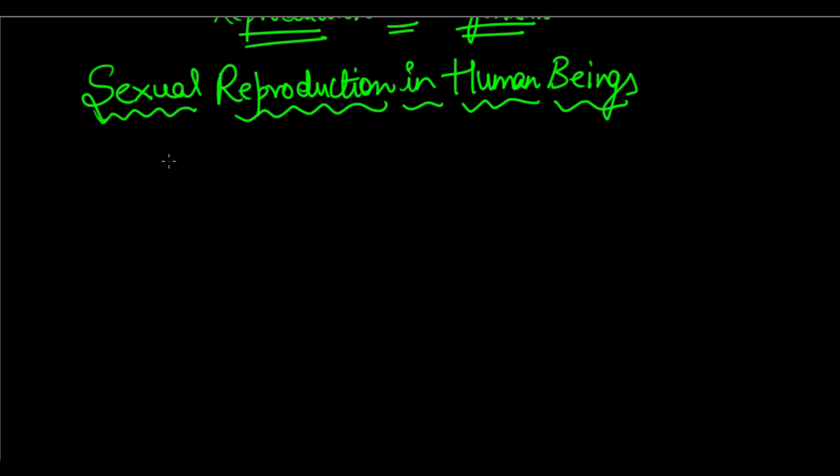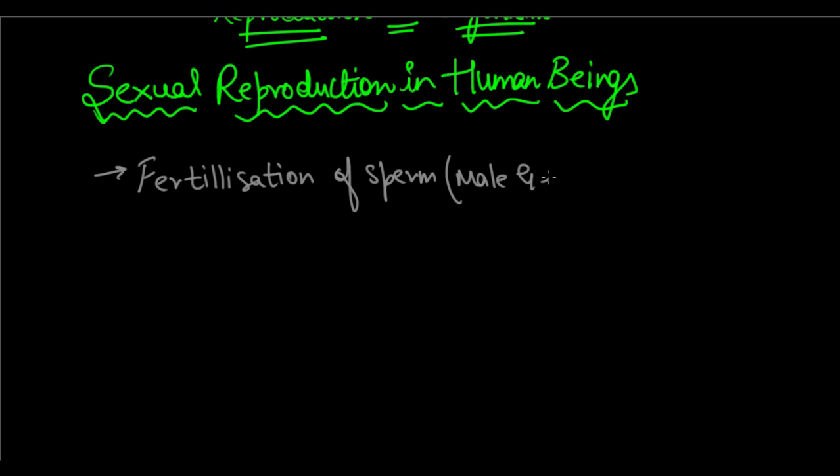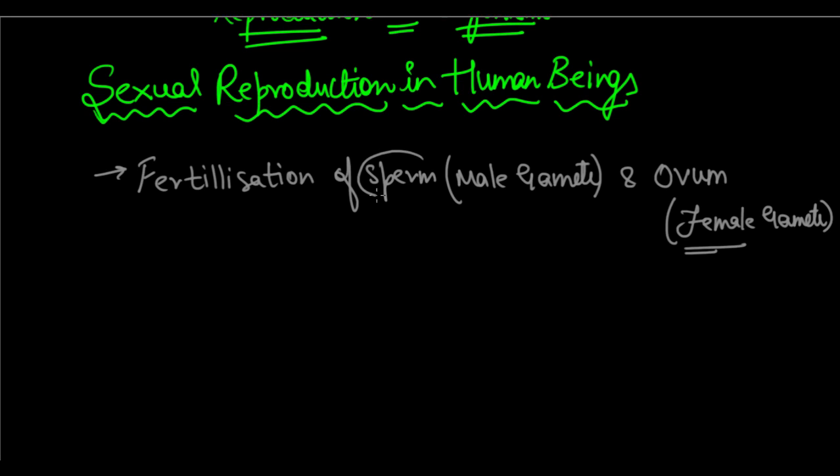They only reproduce through sexual form of reproduction, where there is fertilization of sperm, which is the male gamete, and ovum, that is the egg, which is the female gamete. So that's the process of fertilization in human beings. The sperm, which is the male gamete, fertilizes the ovum, which is the female gamete.